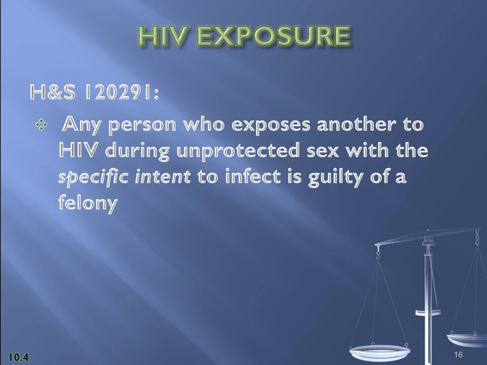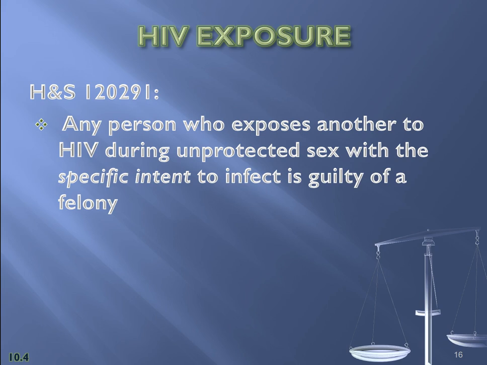So let's look at the section. Any person who exposes another to HIV during unprotected sex with the specific intent to infect is guilty of a felony. So you have to show that specific intent.